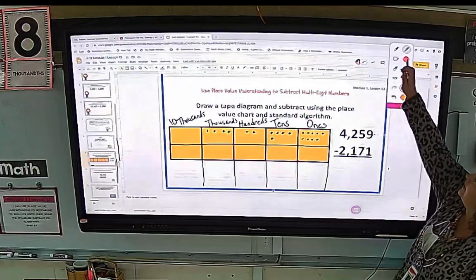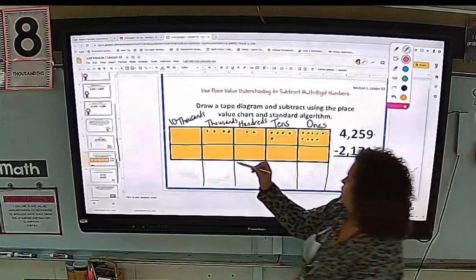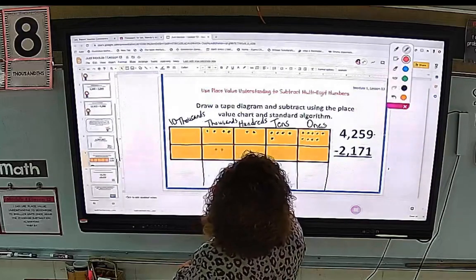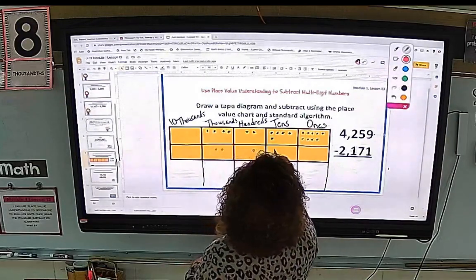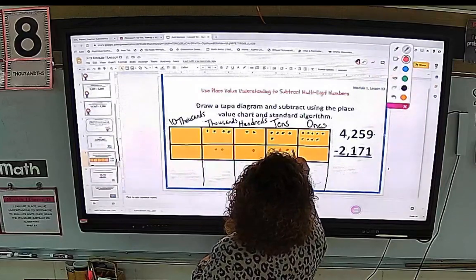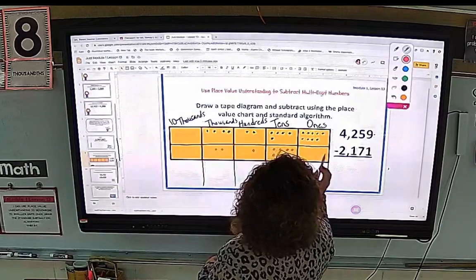Okay, so under that, we're going to put the other number. 2,000s, 100, 7 10s, and 1 1.